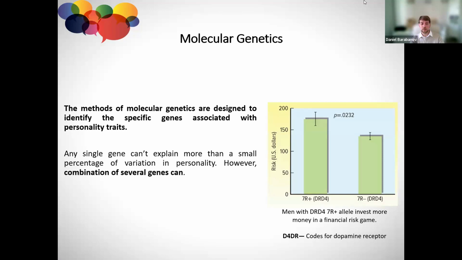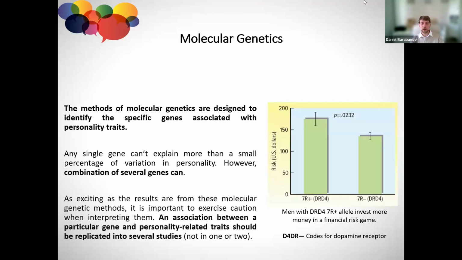One example is sensation-seeking behavior. Research found the exact gene which is connected with more gambling, for example, in men. So we know a specific gene from the genome, which is called DRD4, and this gene is probably responsible for more risky financial behavior in men, right?